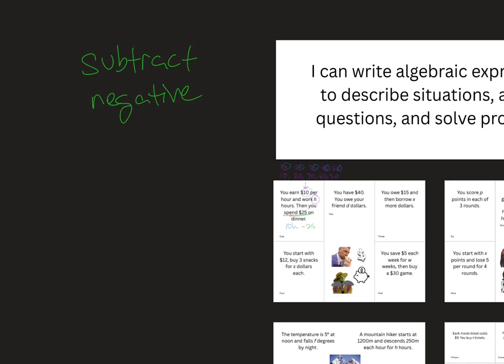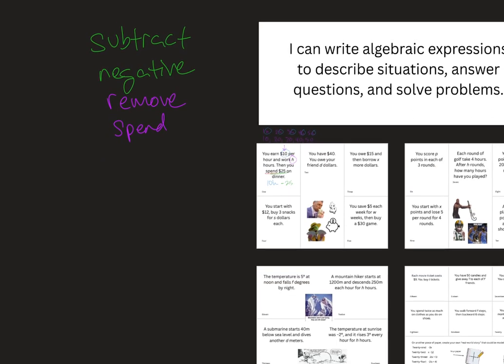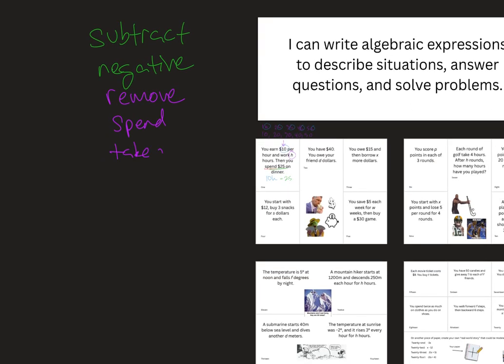So basically here, I asked one of my classes, I've started a pattern because I also use this word, and I said, fill in more of my pattern. So subtract, negative, remove. We obviously just said spend. I think one of the first things they said was take away. And then it got a little bit trickier because they had lose, they had deduct.